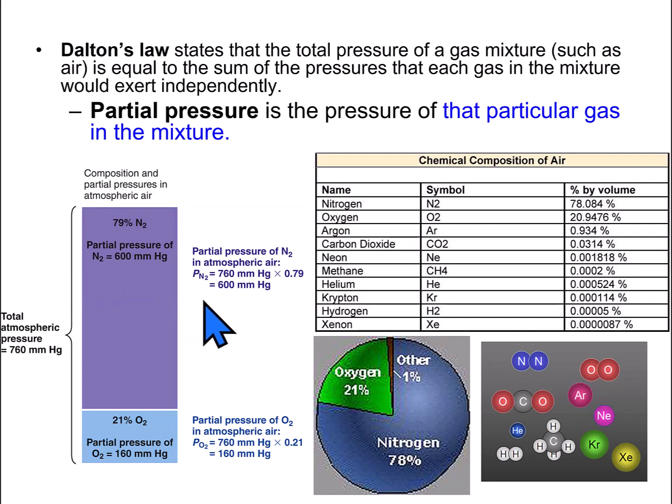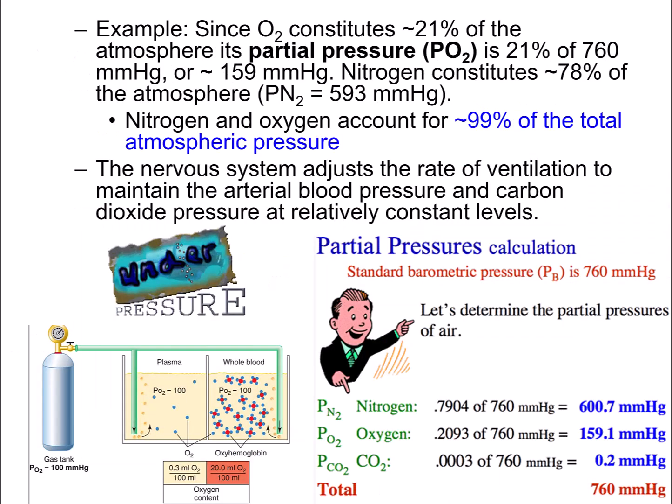The partial pressure of nitrogen is how much pressure nitrogen exerts in the total pressure of the gases. Shown here is an example on how to figure this out. For example, oxygen constitutes 21% of the atmosphere. So its partial pressure is 21% of 760 millimeters of mercury, or about 159 millimeters of mercury. Well, nitrogen and oxygen account for 99% of the total atmospheric pressure, so these two gases are going to exert the most of all other gases in the atmosphere.